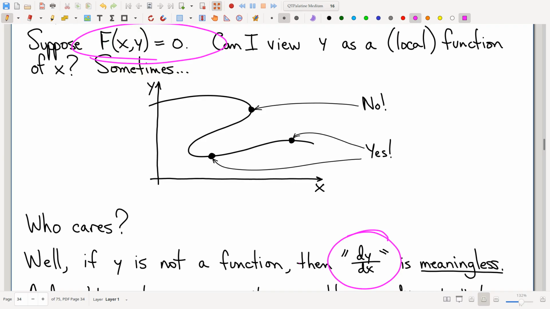But if it isn't, this is garbage nonsense. Meaningless nonsense. And this is not a good thing. This is something mathematicians are always scared of. I want to make extra sure that when I write stuff down, it isn't meaningless garbage. Is everybody happy with that? Does that make sense?